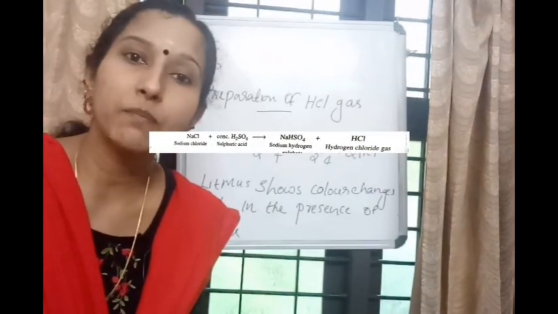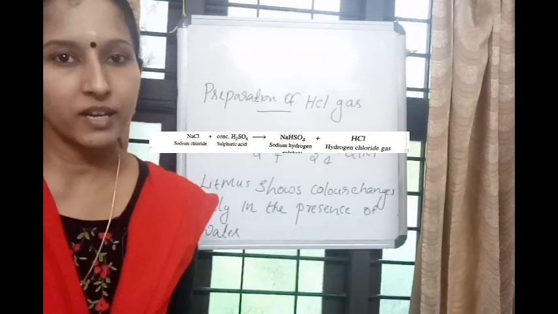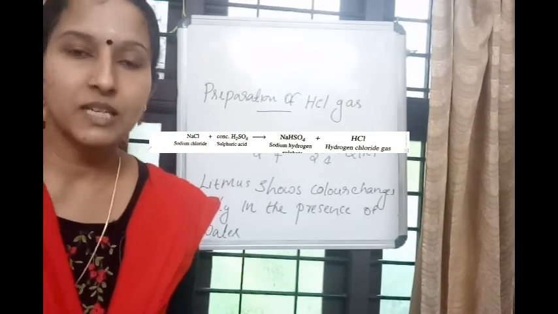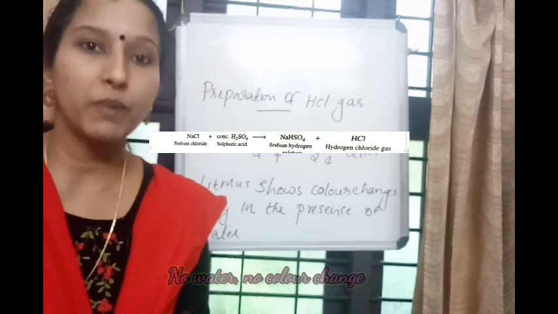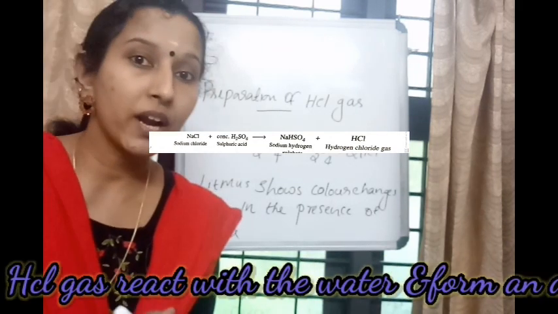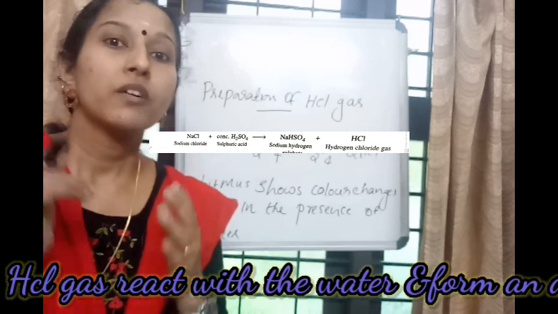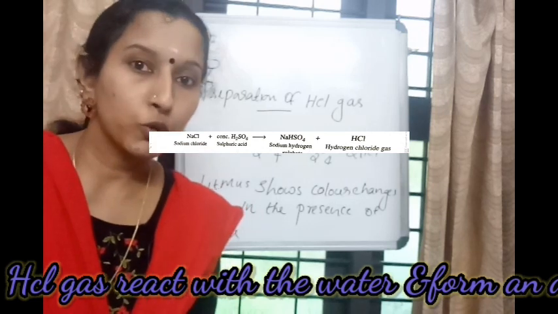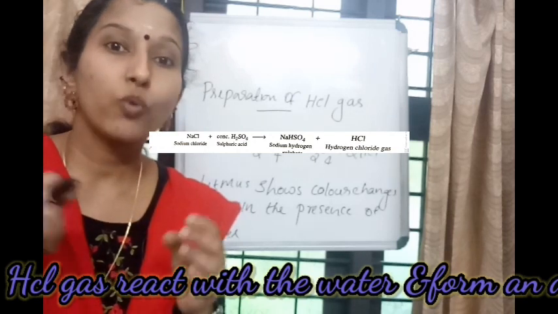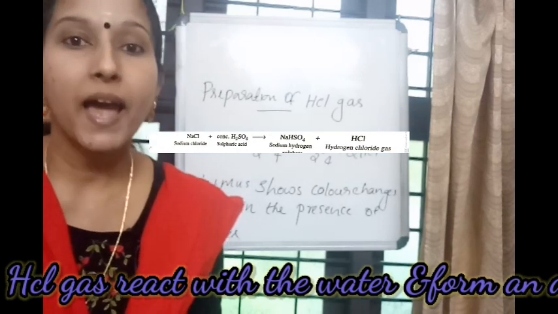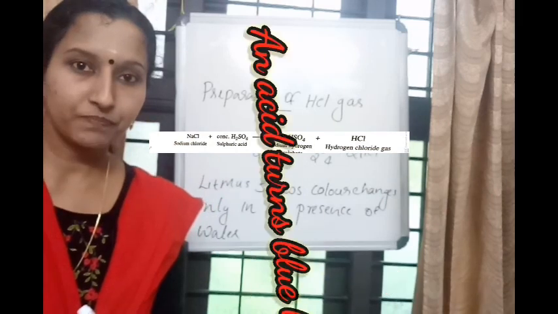In case of dry litmus paper, there is no water, so there is no color change. But in case of wet litmus paper, it shows the color change, which means the hydrogen chloride gas formed in the test tube reacts with the hydrogen of water and forms an acid, hydrochloric acid.